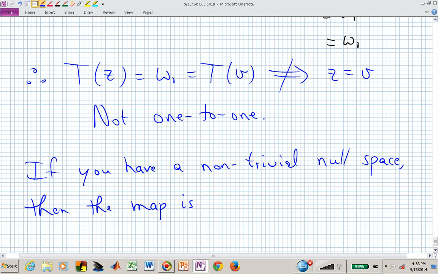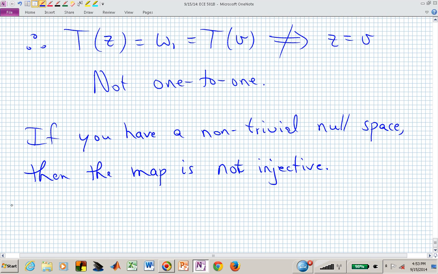For a non-trivial null space, we can take things in that null space, add those to arbitrary vectors, and get to the same point as if we started at that vector to begin with. Then the map is not one-to-one, or not injective.